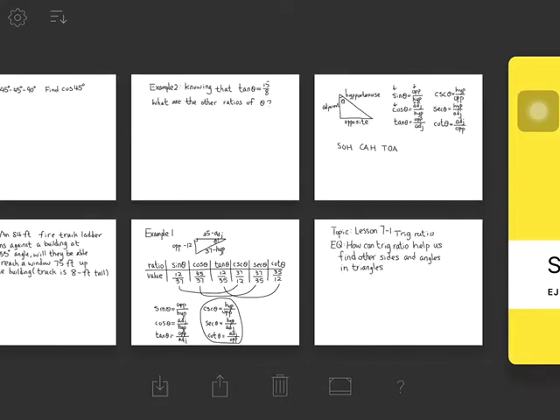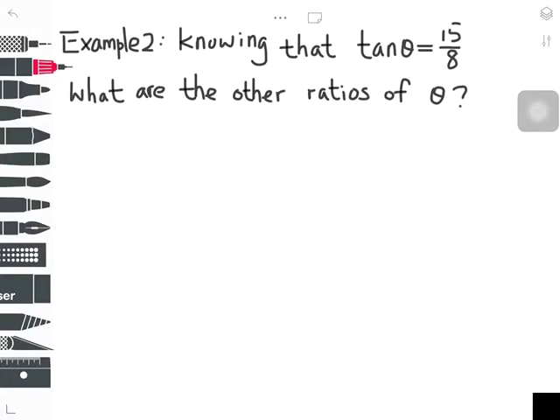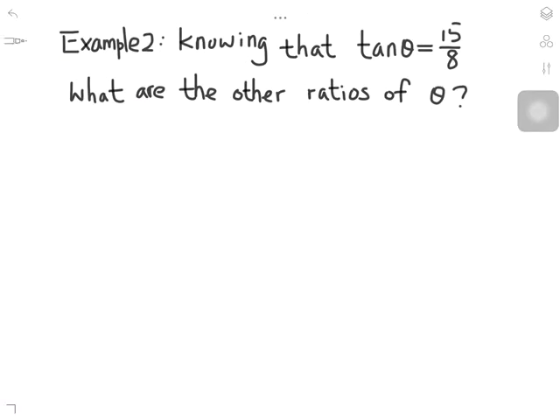Now let's take a look at example number 2. Knowing that tangent theta equals 15 over 8, what are the other ratios of theta? For this type of question, what do I do first? I normally draw a picture to help me visualize it. It's really hard for me to think about numbers, so I would like to make a sketch. So for tangent theta, I put down theta.